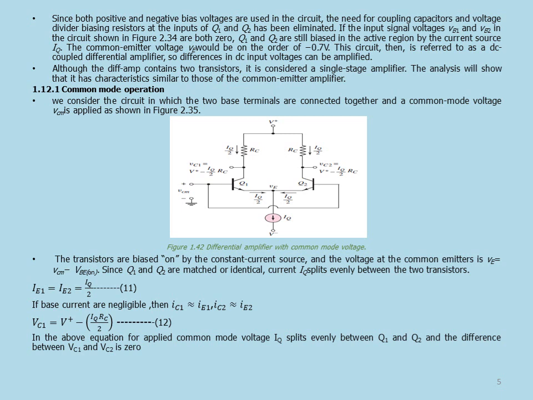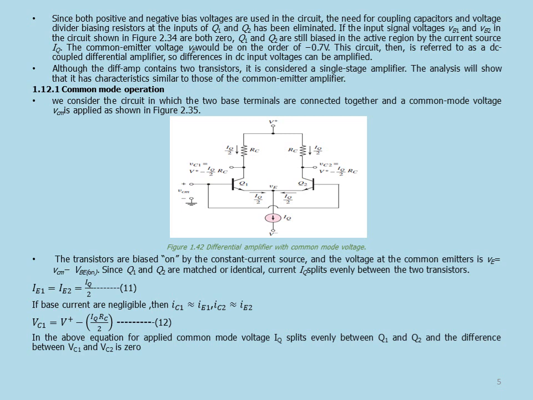Next, our ultimate aim is to eliminate the common mode ratio, so wherever there is a common mode ratio, we try to decrease it. Now for the common mode operation, the circuit is considered in figure 1.42, where the common mode voltage is taken as V1, and we calculate the difference between the outputs of the two transistors Q1 and Q2.